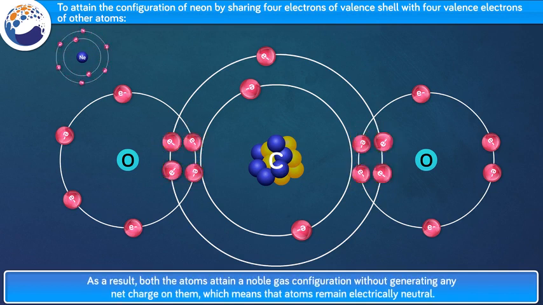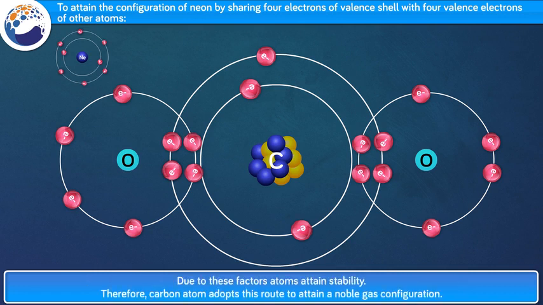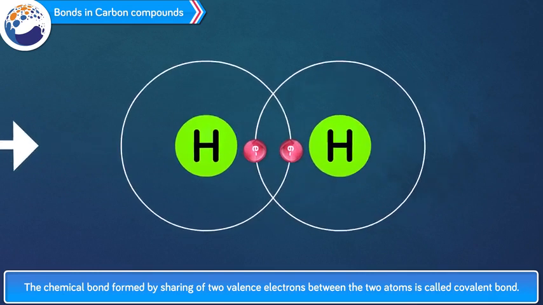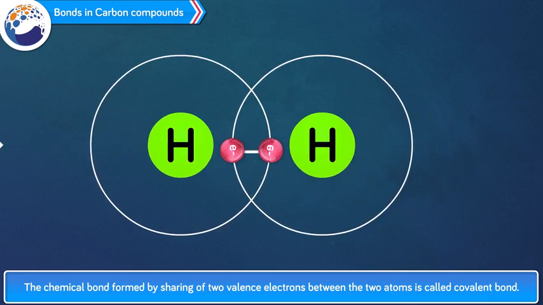As a result, both the atoms attain a noble gas configuration without generating any net charge in them, which means that the atoms remain electrically neutral. Due to these factors, atoms attain stability. Therefore, the carbon atom adopts this route to attain a noble gas configuration. The chemical bond formed by sharing of 2 valence electrons between 2 atoms is called a covalent bond.